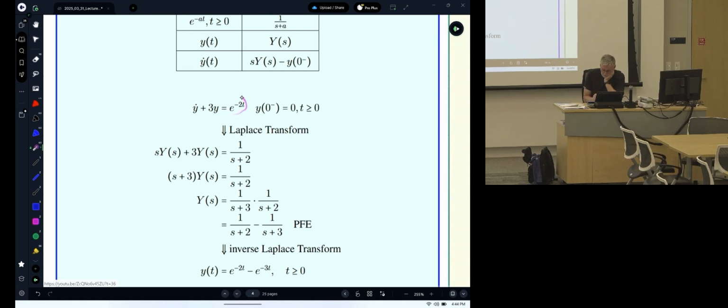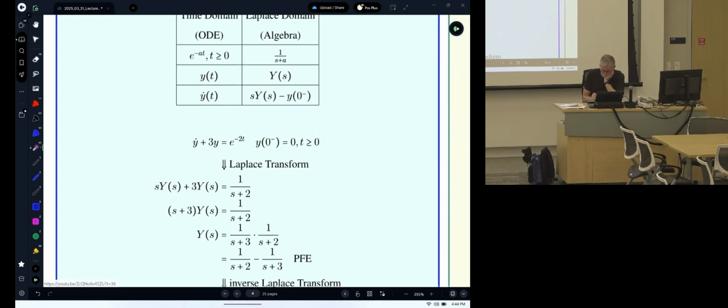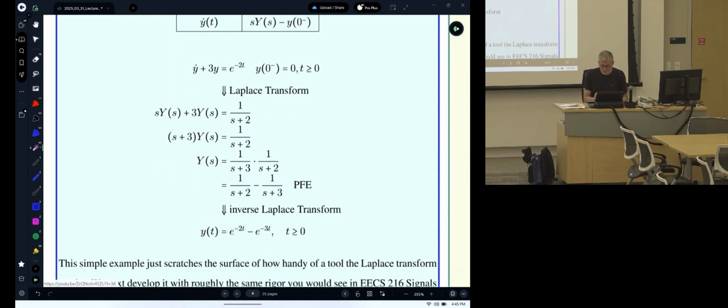And then here's our e to the AT, minus, plus, minus, plus. And so we've got this algebraic relationship that y satisfies. Well, we can do the algebra. That's s plus 3 times y, and then solve for y. So divide by s plus 3.